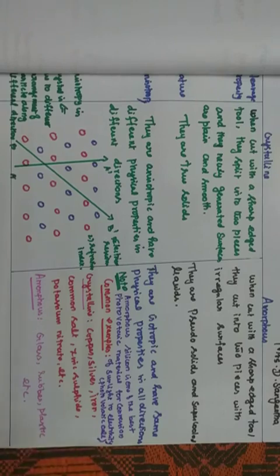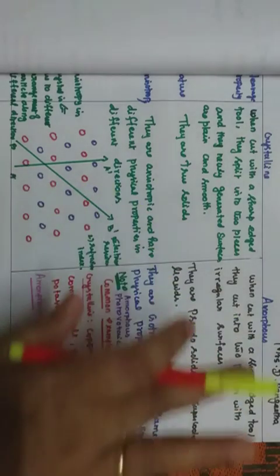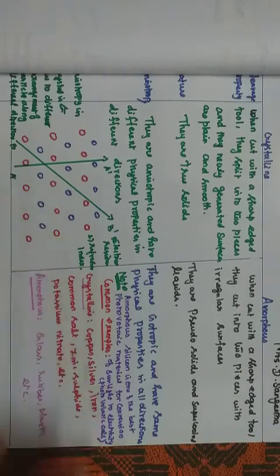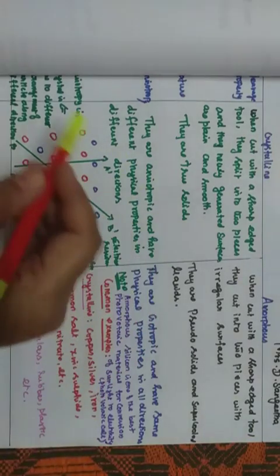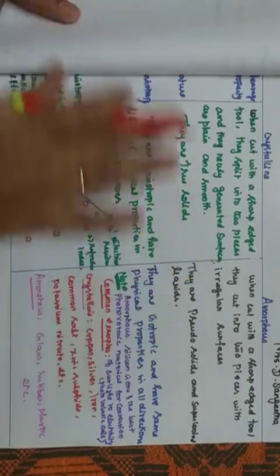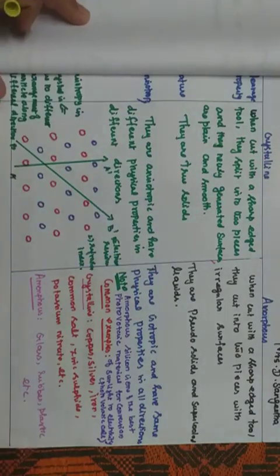In each and every piece there is a new generation of surface, and the new surfaces are plane and smooth. That is in the case of crystalline solids.